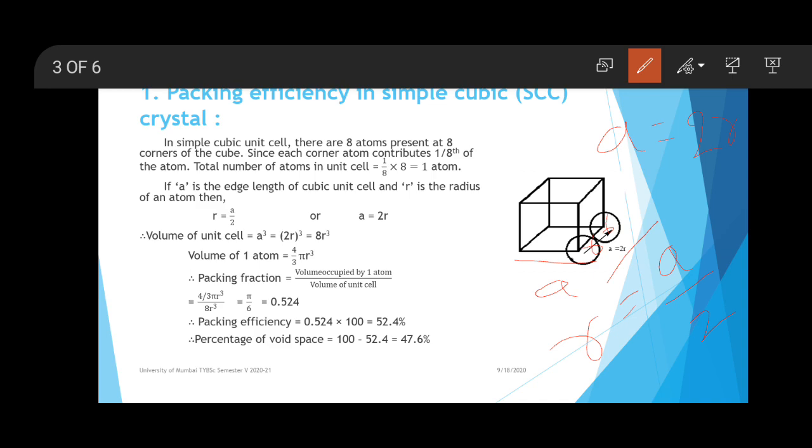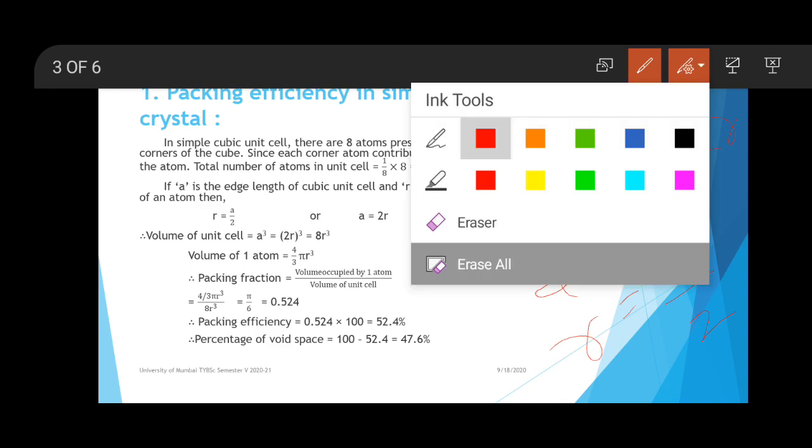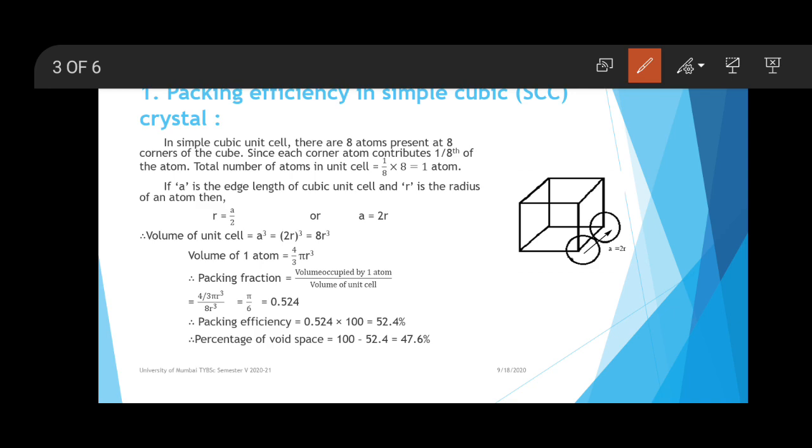Once you get the value of A, which is equal to 2R, then you should know the volume of the unit cell. Volume of unit cell is A cube.